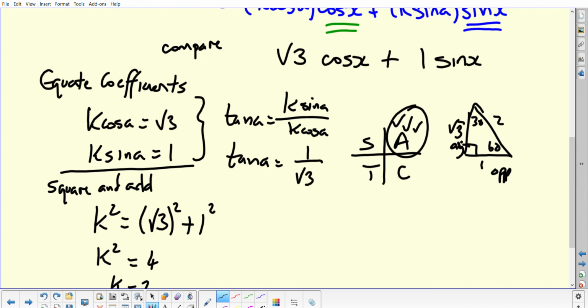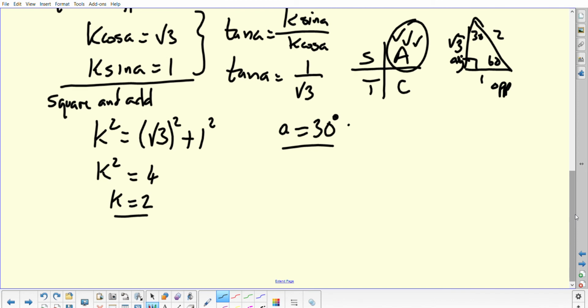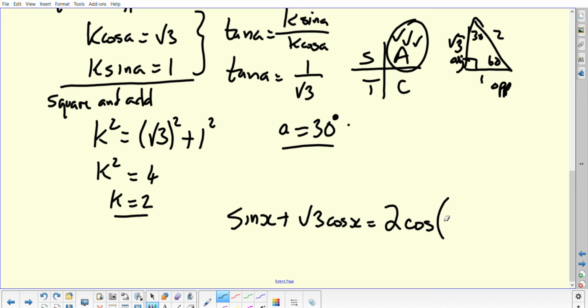So it's the 30 angle that we're interested in. Or you can go to your calculator and do this, but a would be equal to 30 degrees. So that would allow us to write that expression: sin x plus root 3 cos x is equal to 2 times cos of x minus 30.